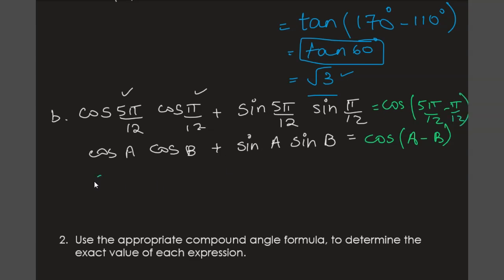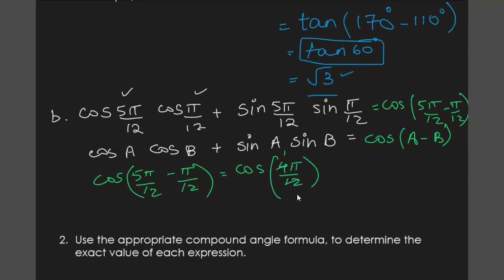Now let's solve this. Cosine of 5 pi by 12 minus pi by 12 can be written as cosine 4 pi by 12, because this is the same denominator. Bring it down to lowest terms, we get cosine pi by 3, and the value of cosine pi by 3 from special triangles is 1 over 2.